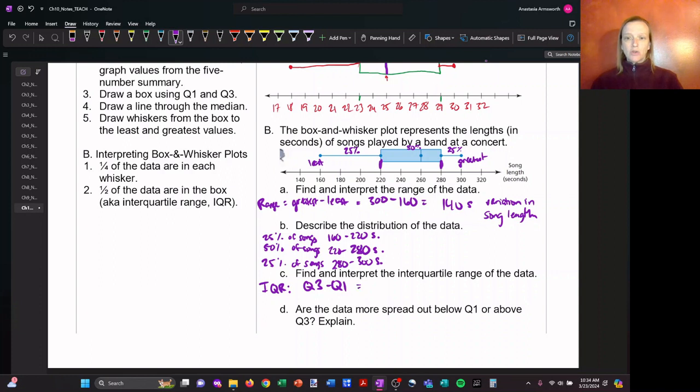So I'm going to do 280 minus 220, and that's a 60-second kind of range in song length. So the middle 50% of the songs varied by no more than 60 seconds.